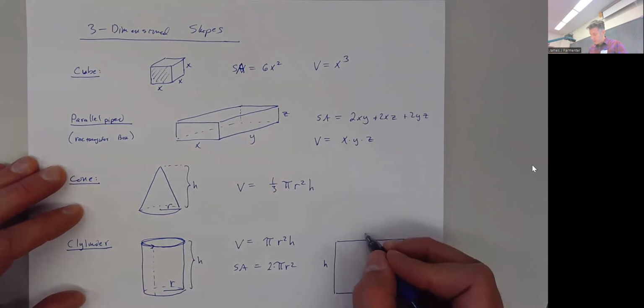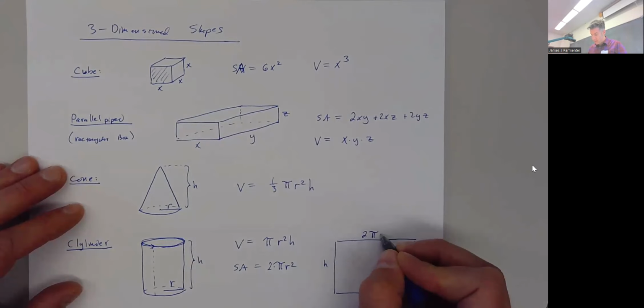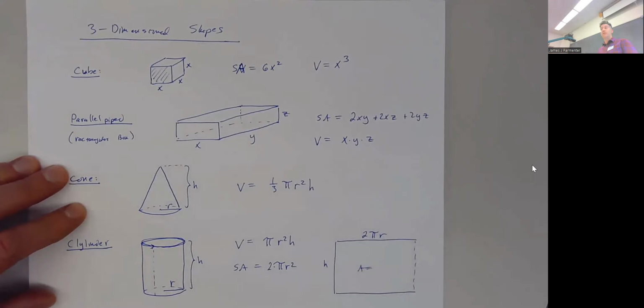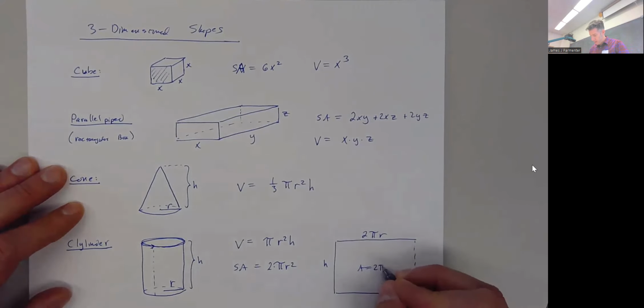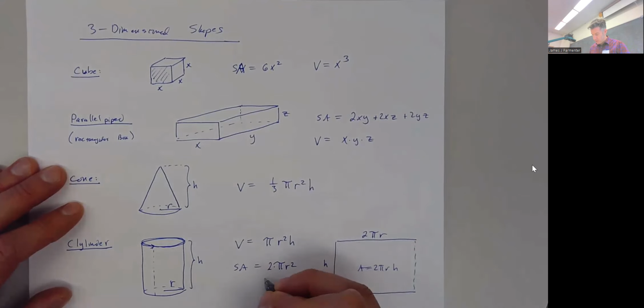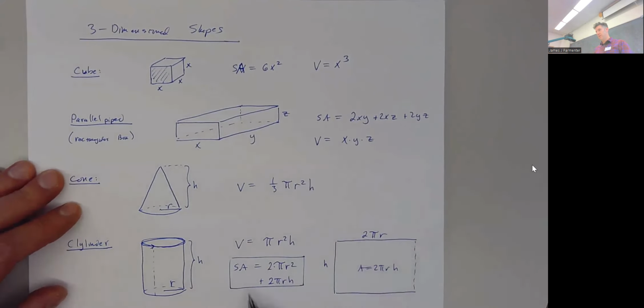So that length is 2 times pi times the radius, and the area of the around part of the cylinder is 2 pi r times h. So the surface area of a cylinder is 2 pi r squared plus 2 pi r h. I'm boxing that just to keep it contained from everything else.